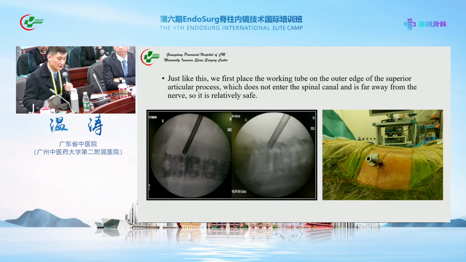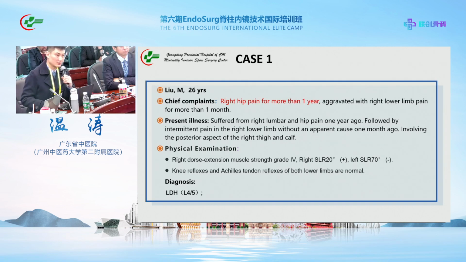Now I will present a case and introduce the surgical procedures. This is a male patient. He had right hip pain for a month, and for more than 1 year. The diagnosis is LDH at the L45 level.